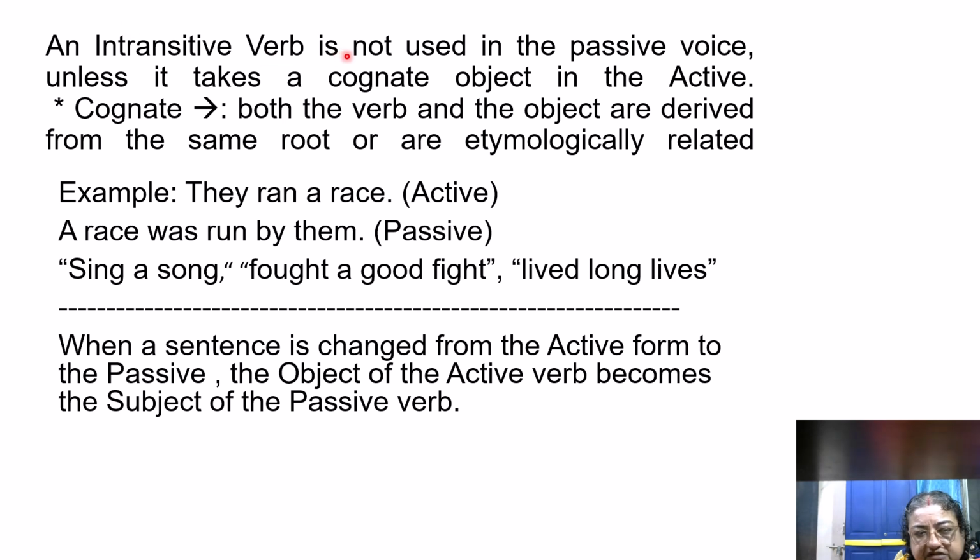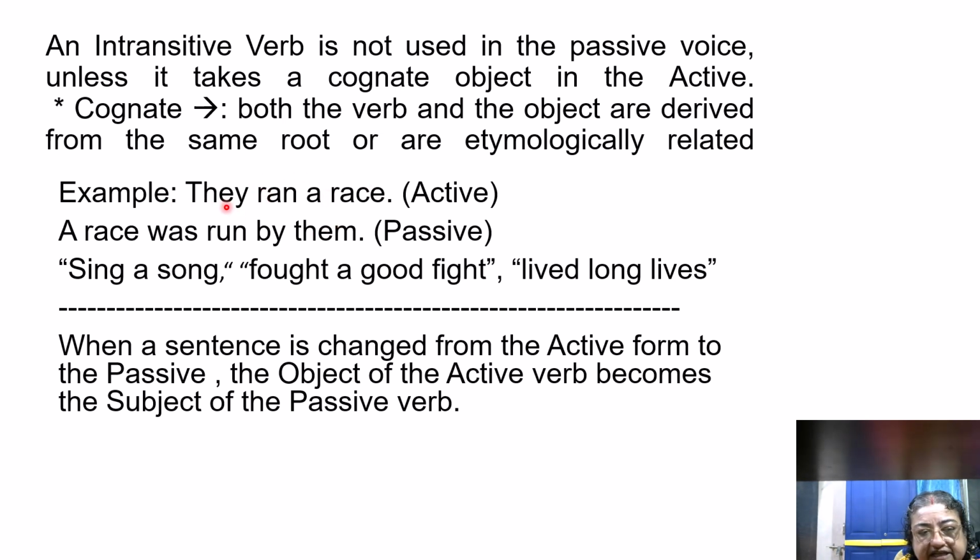An intransitive verb is not used in the passive voice unless it takes a cognate object in the active. So what does cognate object mean? It is derived from the same root or etymologically related. You will see that two words, that verb and another word, have the same root.